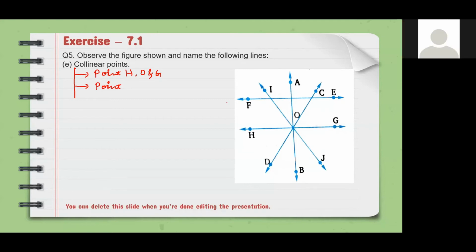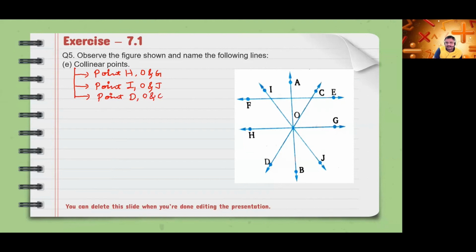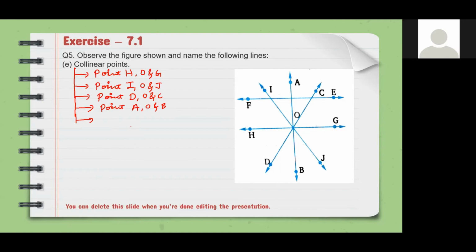I, O, and J. Correct. Next D, O, and C. Correct. Next, A, O, and B remaining. Okay, HOG we have taken at the start only. This much are the collinear points.